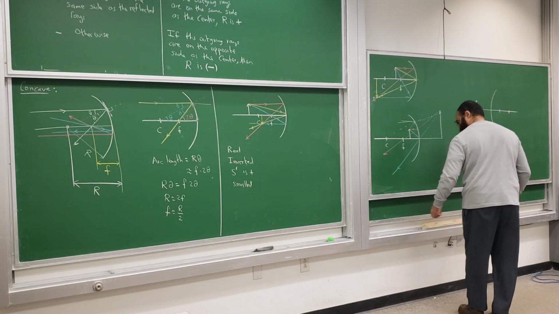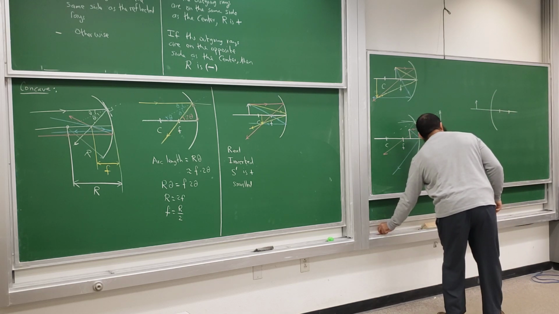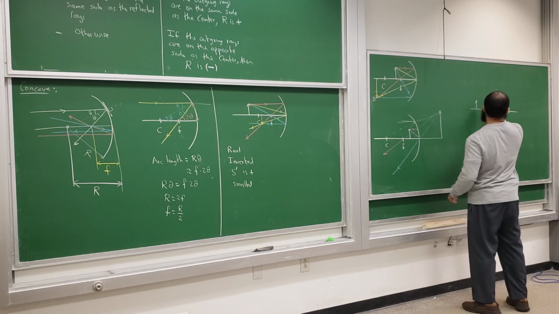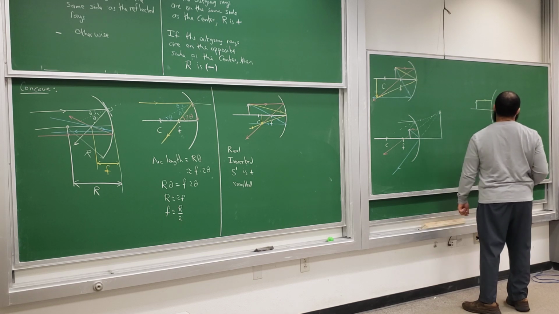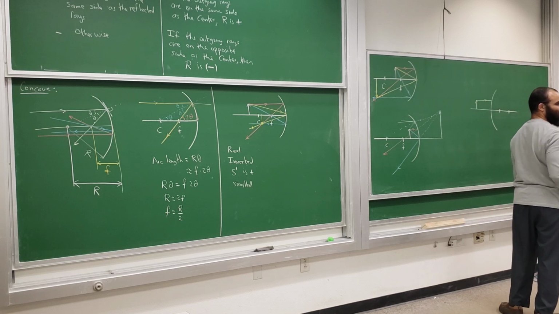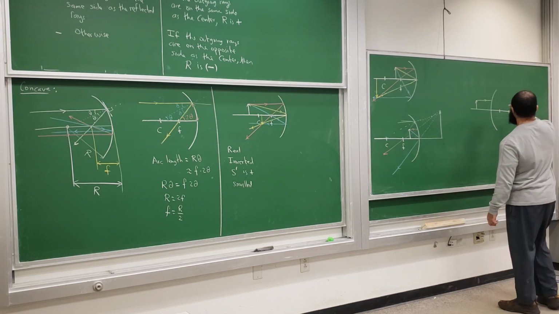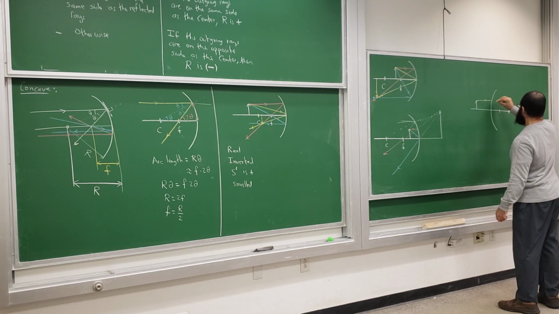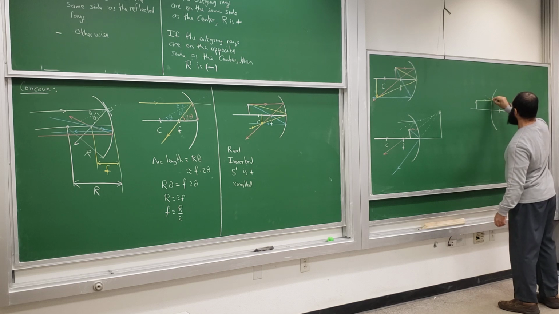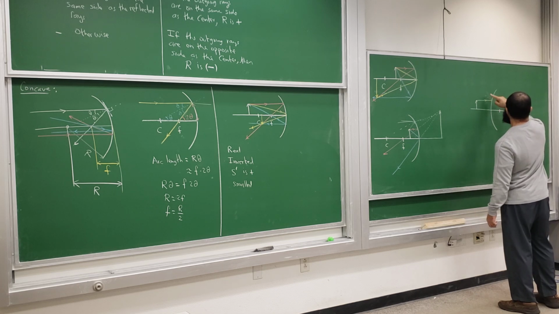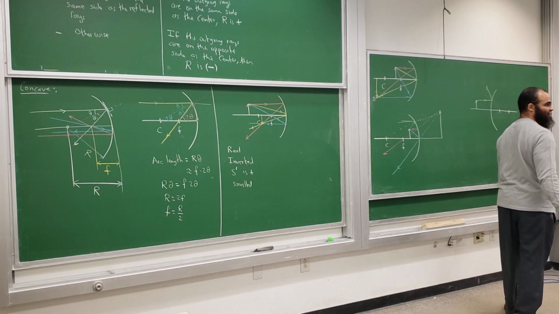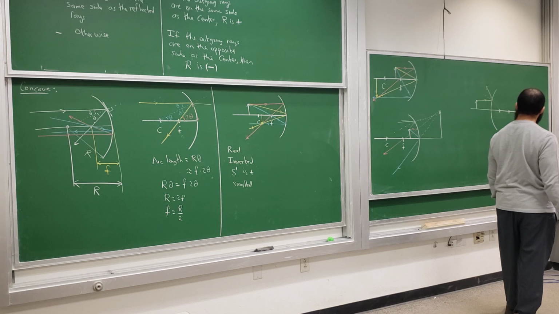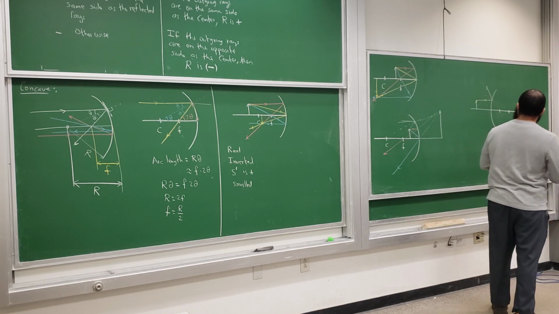In that case, you will send the ray parallel, but how is it going to reflect? So this is the center, right? So that's the perpendicular, so it will reflect at some angle this way, right? So what happens is when it reflects, its extension will pass through the focal point. So that's the outgoing ray.